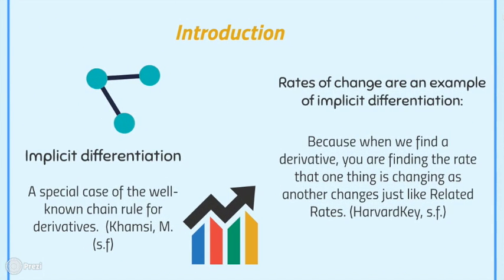Okay guys, first of all, we need to do some research. Alan, tell us what implicit differentiation is and why rates of change are an example of this. When we find a derivative, we are finding the rate at which one thing is changing as another changes. y is changing on dy and x is changing on dx.